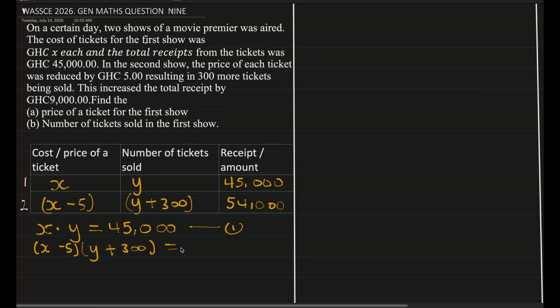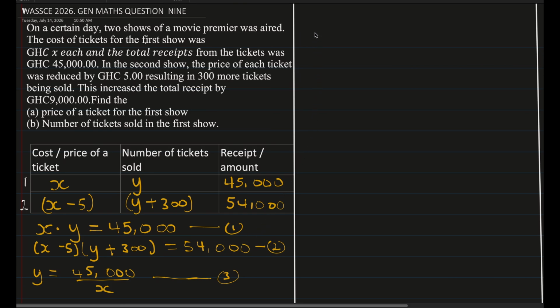And that's also giving us 54,000. Let's call it equation number 2. Now, let's make Y the subject from equation number 1. So in making Y the subject, we have Y is equal to 45,000 divided by X. Let's call it equation number 3 and keep it because we will need it.